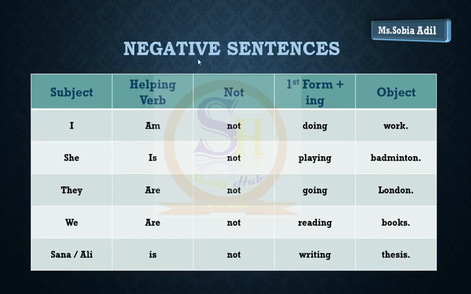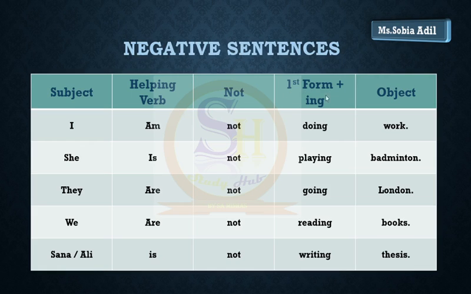Moving on towards the negative sentences, students, when you want to negate something, you use the word not in English, and in Urdu you use nahi. So the structure for this type of sentences in present continuous tense is we write first subject and then comes helping verb as in affirmative sentences, but here we use not after the helping verb in negative sentences.